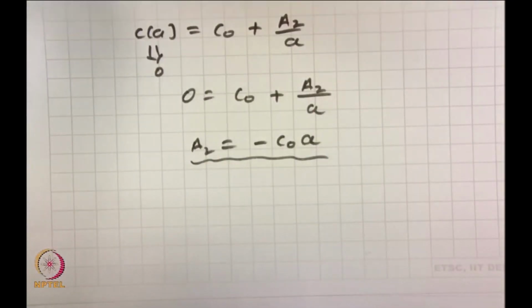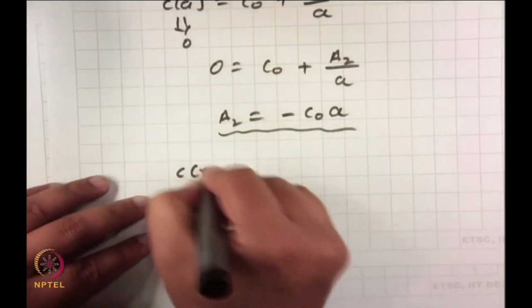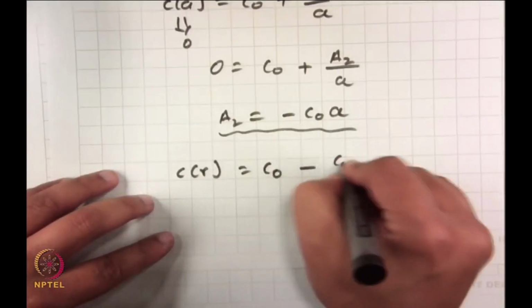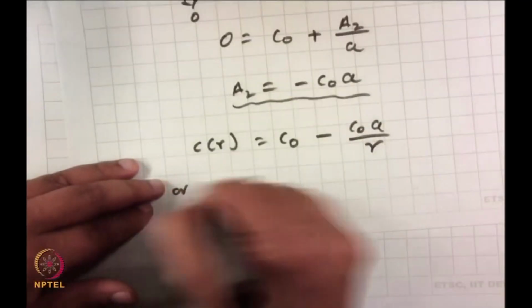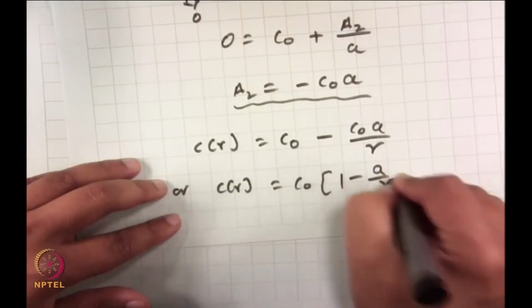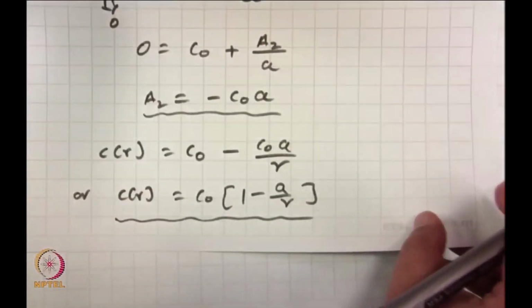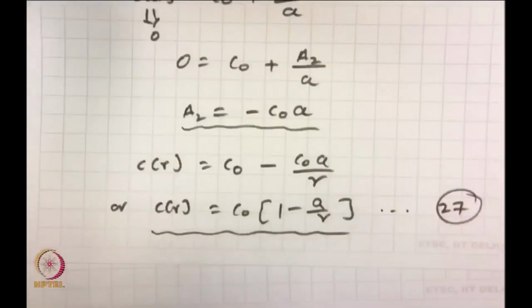So, that means you have your second constant of integration. Good. See, it is a constant, so it has to be related by constants, and the two constants are C naught and A, both of these are constants, right. So, what does the final equation now become? The final equation becomes C of R is equal to C naught minus C naught A by R, or C of R is equal to C naught times 1 minus A over r, and this is equation 27.